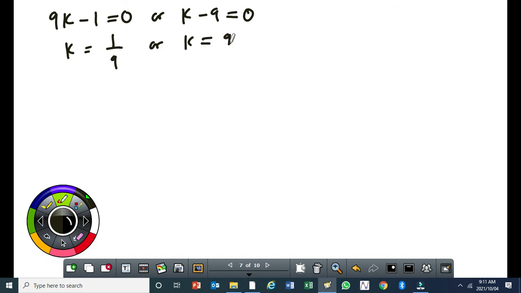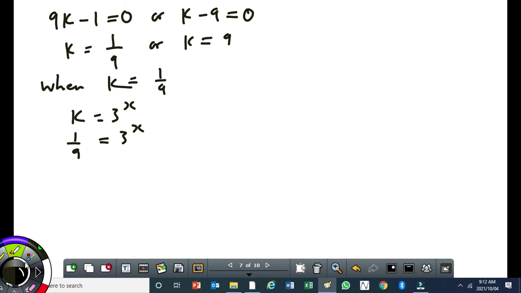But when k is equal to 1 over 9, remember we say k is equal to 3 to the power of x. So I'll put 1 over 9 there, and then convert that 9 to a base of 3. So you get 1 over 3 squared is equal to 3 to the power of x, which is the same as 3 to the power of minus 2 equal to 3 to the power of x. So you get x equal to negative 2.